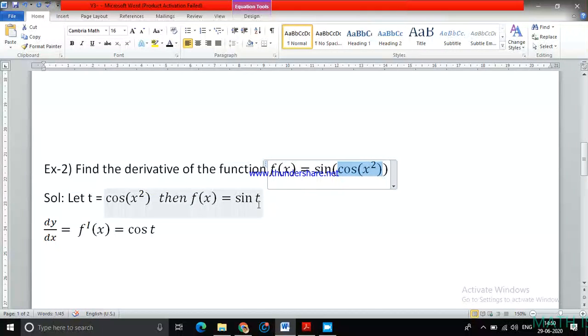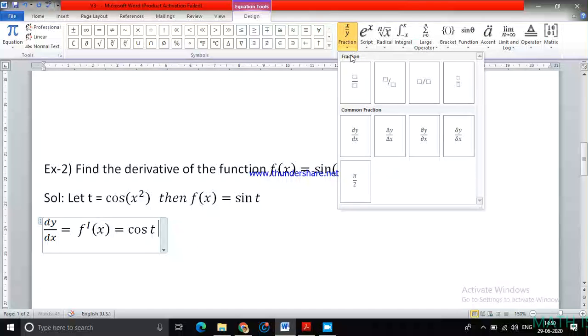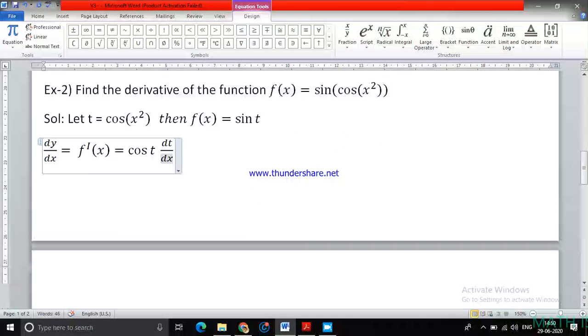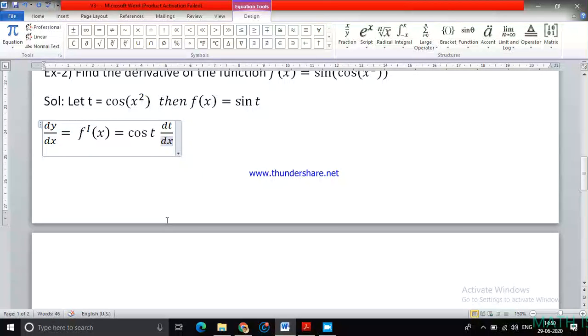So the derivative of sin t will be cos t into dt by dx. So here it will come dt upon dx. Okay. So we got dt upon dx.